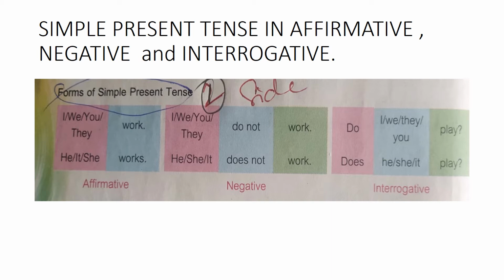The display above clearly indicates the form of simple present tense in the affirmative, negative and interrogative. Simple present tense is used with words like usually, generally, often, every day, once a month, always, never.